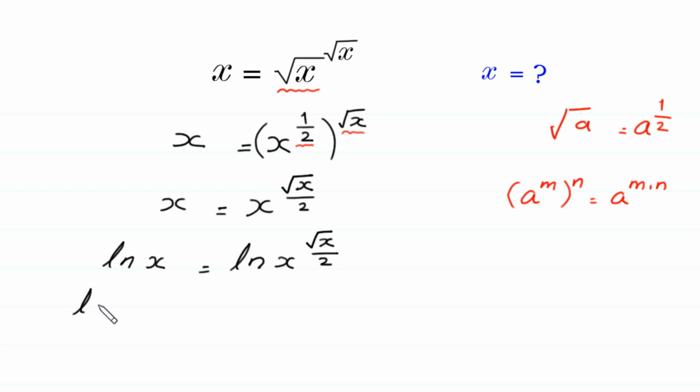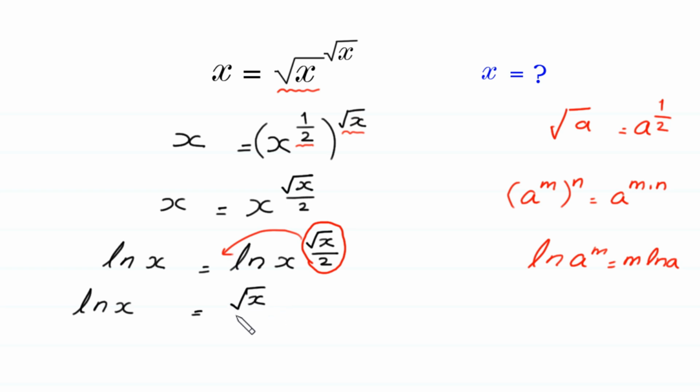Next, according to the natural log property, ln of a to the power m is equal to m times ln of a. This power square root of x over 2 will drop here, like this: square root of x over 2 times ln of x.